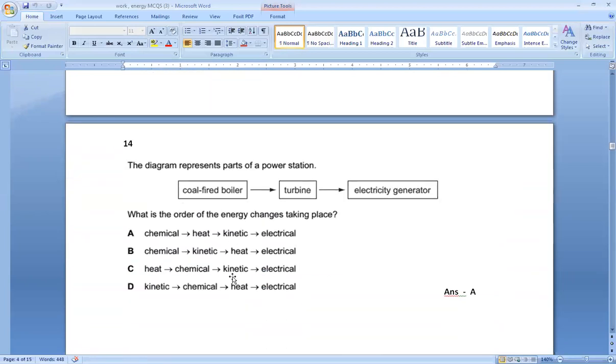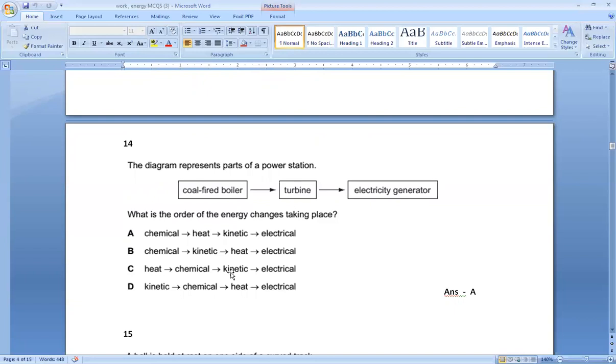Number 14 says, the diagram represents a part of the power station: coal-fired boiler, turbine, and electricity generator. What is the order of the energy changes taking place?